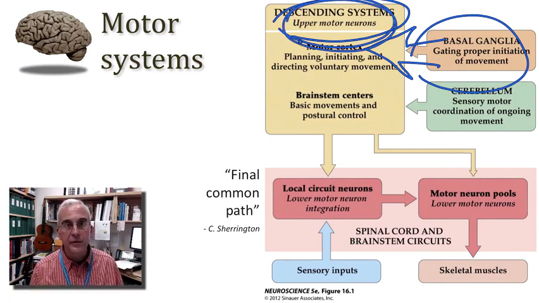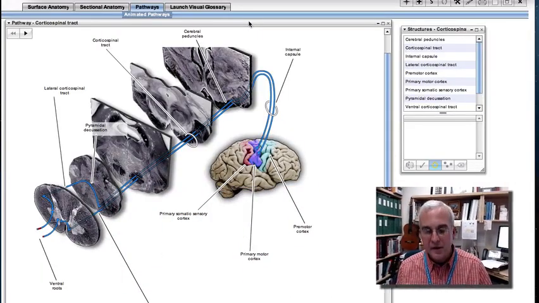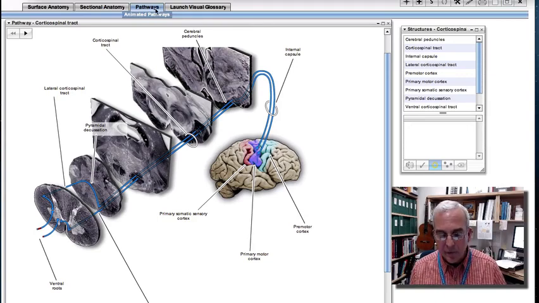To illustrate the function of the basal ganglia, I want to bring up a component of our Sylvius anatomical software to illustrate what it takes to actually execute a movement. So what I've done is I've gone into Sylvius and I've opened up our pathways unit and selected from our animated pathways the corticospinal tract.